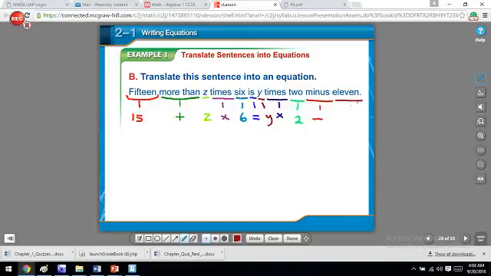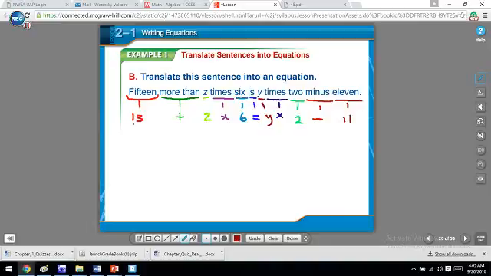Last one. So this is what this means: 15 more than z times 6 is, which is equal to, y times 2 minus 11.